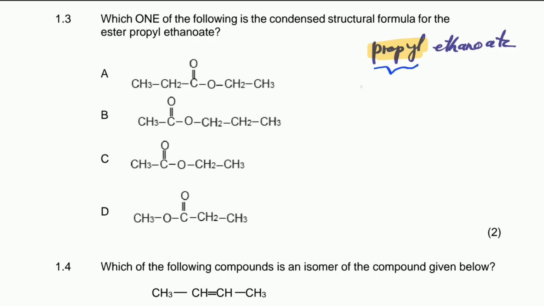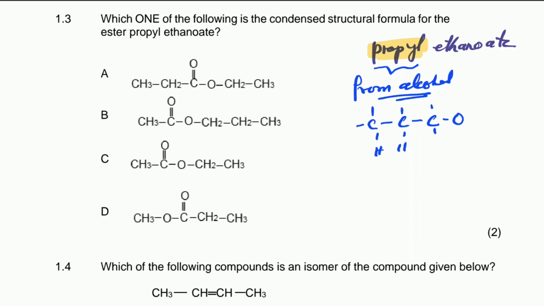This part is coming from the alcohol. In other words, the alcohol that was used here was propan-1-ol, or propanol. That is important. This part has prop, which is 3, so it will have 3 carbons and the oxygen. That is the part coming from the alcohol.